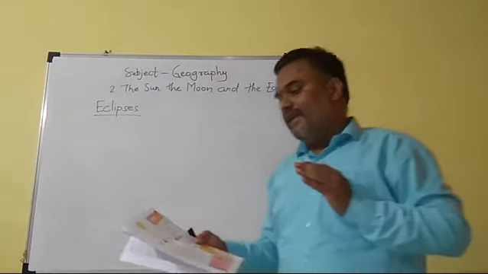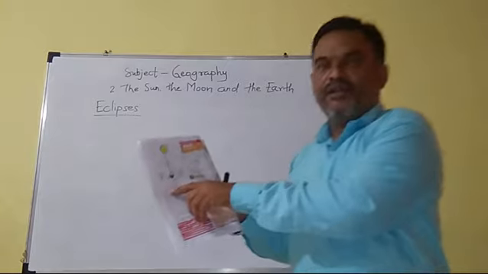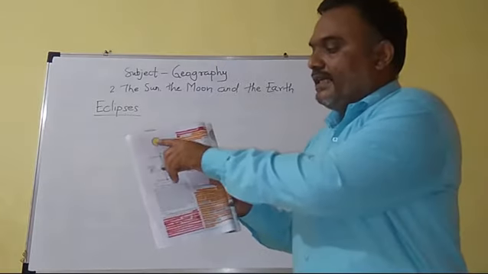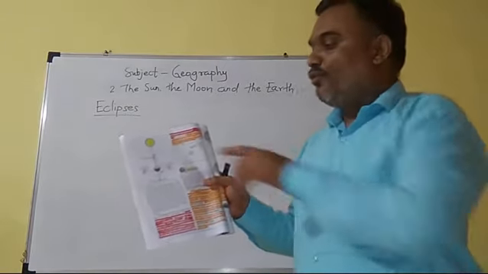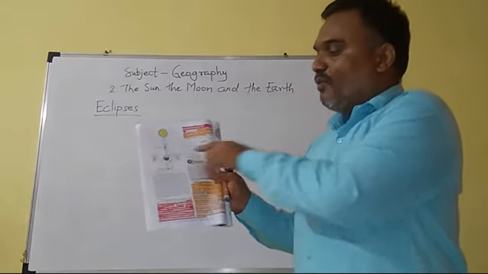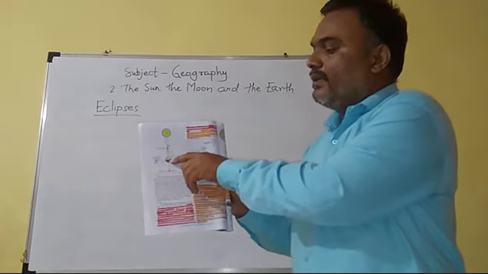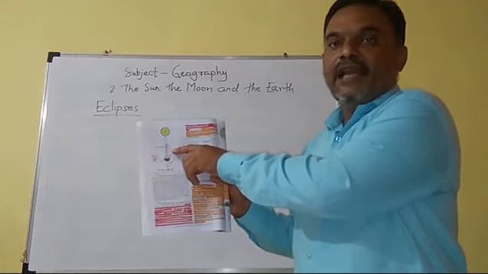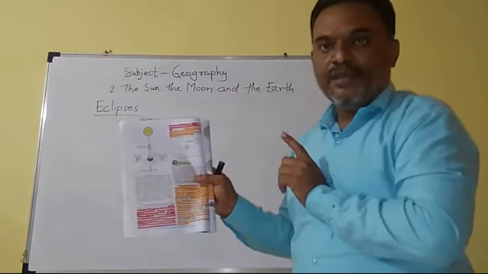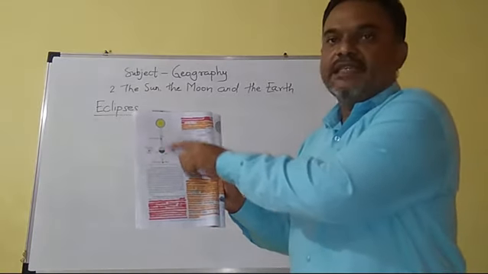Refer to figure 2.3 again. In this figure you see that on each new moon day, the sun, the moon and the earth are making an angle of 0 degrees. They are in a straight line.